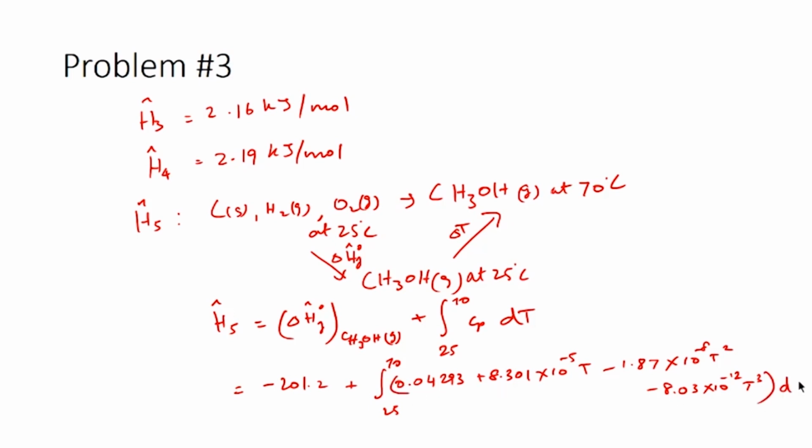So, the value for Cp I obtained from the tables. So, from here I can calculate H5 cap as minus 199.09 kilojoules per mole.